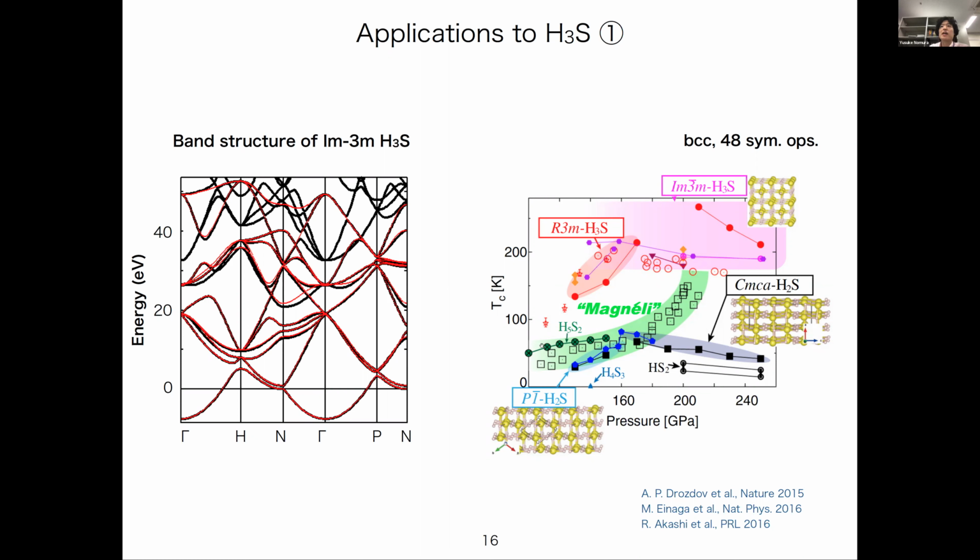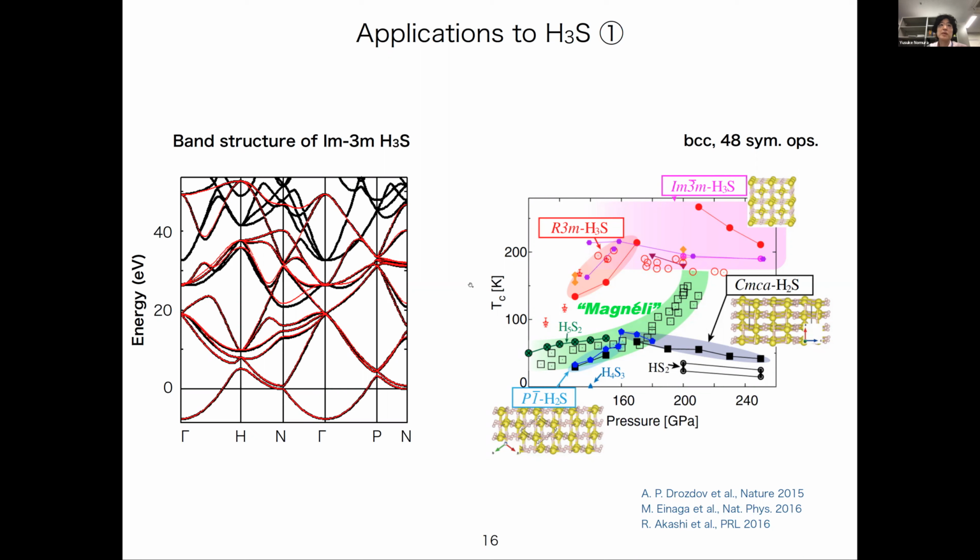Usually this kind of composition cannot be a solid at ambient pressure, but if we really compress the material, it crystallizes and becomes solid. And then at extremely high pressure, it forms the BCC type crystal structure like this.